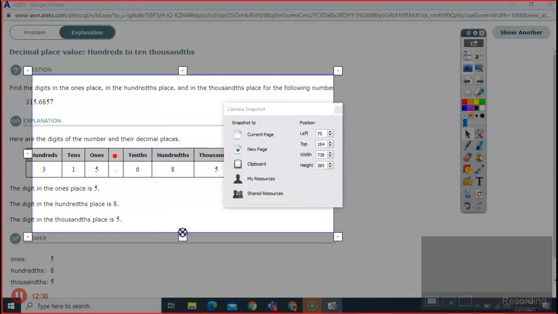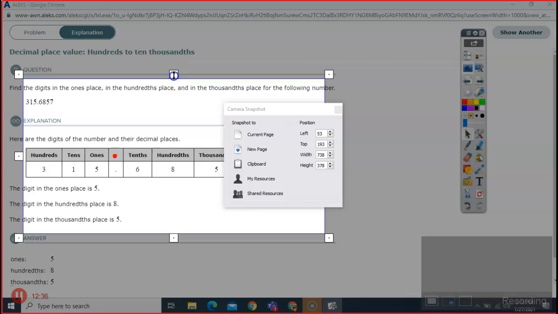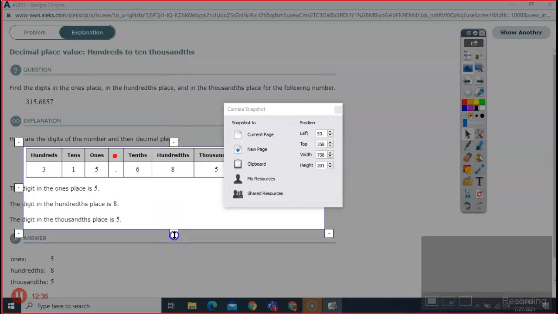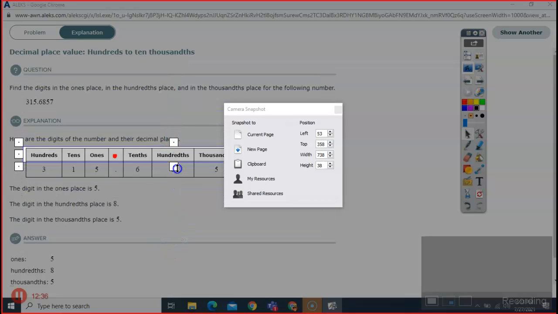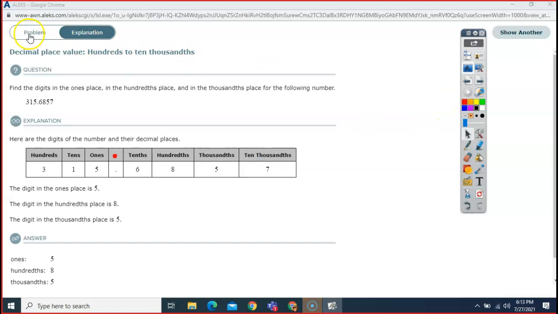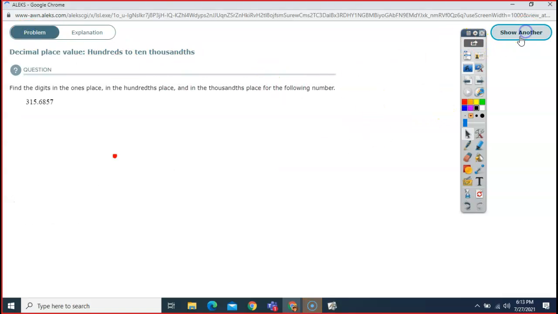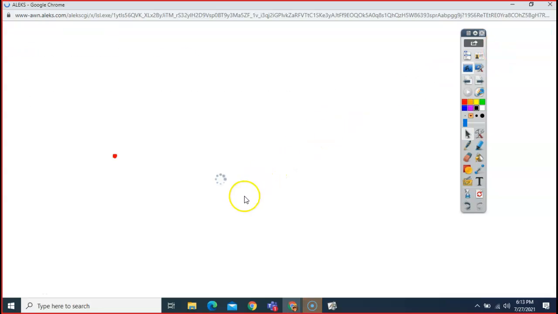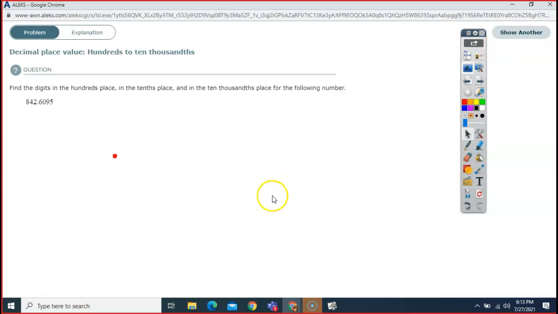Yikes. Okay, so I'm gonna copy that. Alright, so I'm gonna go to show me another. Okay, so here it says find the digits in the hundreds place. So I'm going to put the paste right here. Will it let me? Control V? Nope, it didn't let me. Dang.